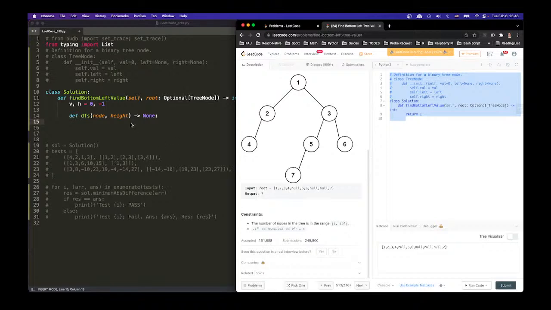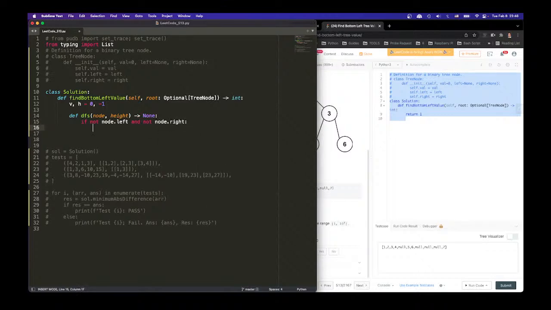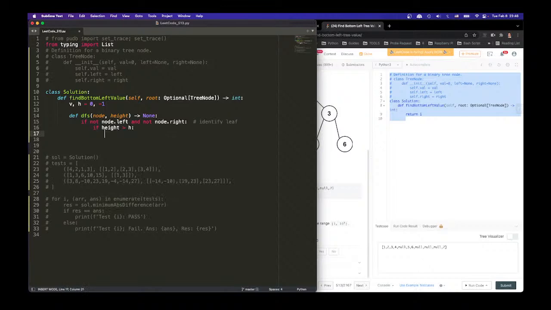So if not node.left and not node.right, this is identifying the leaf. Once we do that, the height is the current height. And we say if the height is larger than h, then v will equal node.value. Right?